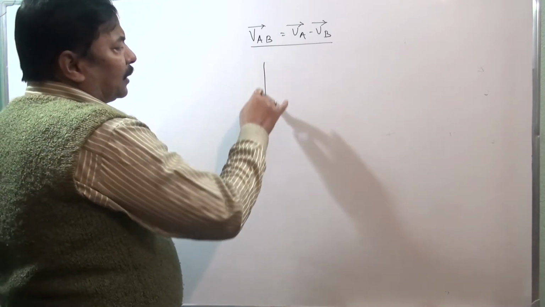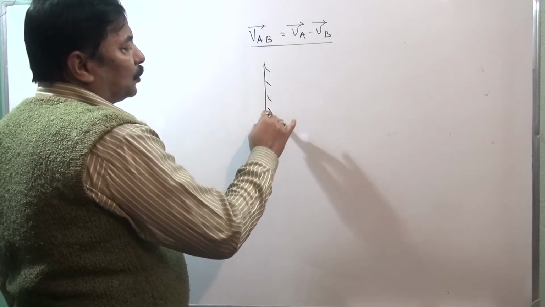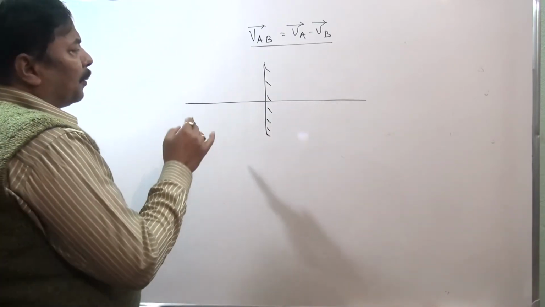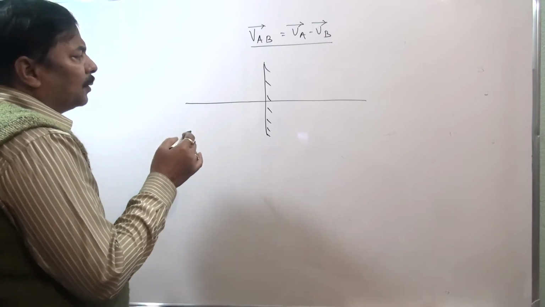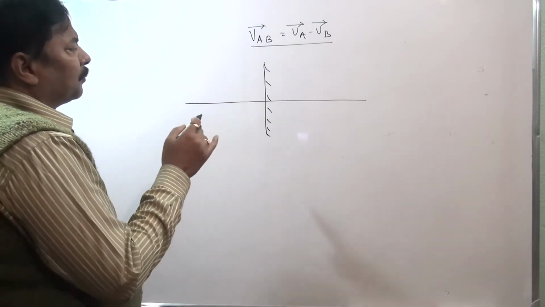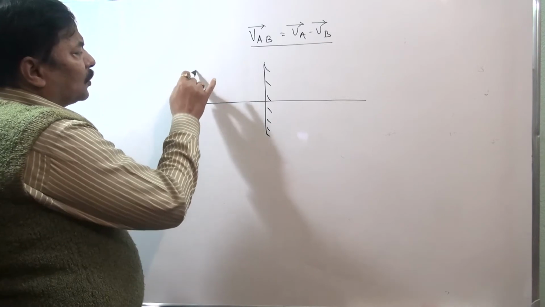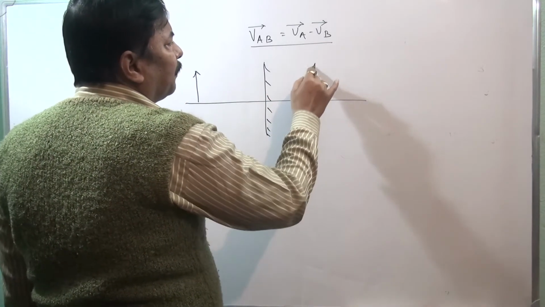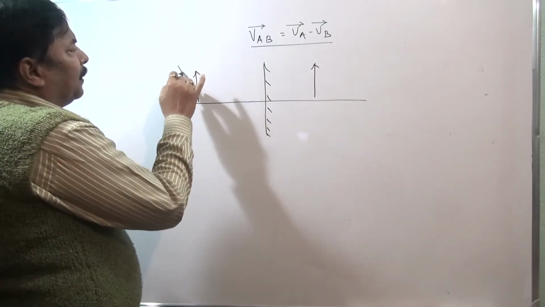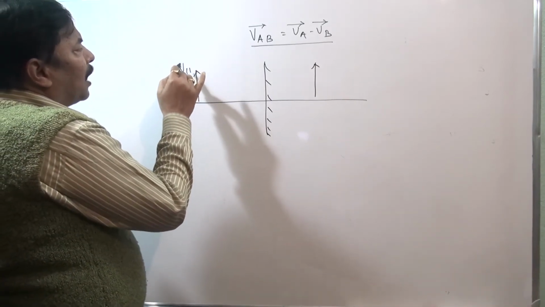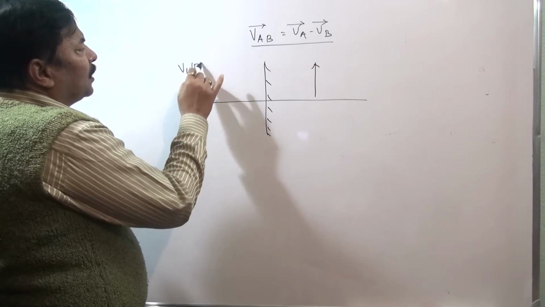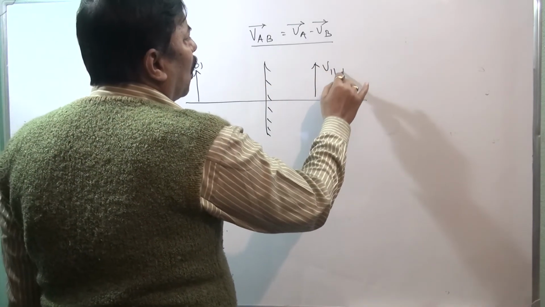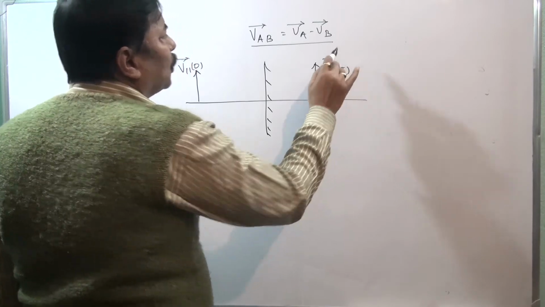So if we take the case of plane mirror, here you see what you are observing. Suppose the object is there, and the object velocity will be in this way. This is V parallel. So V parallel of object is equal to V parallel of image. That you should understand.